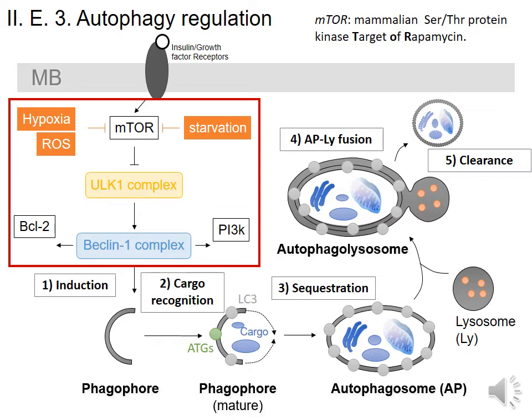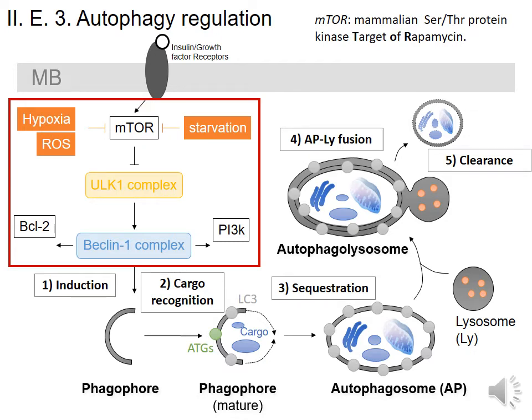So in this general regulation, autophagy is regulated through the ULK1 complex, by an inhibitory phosphorylation of ULK1 and 2 by the mTOR serine-threonine kinase.